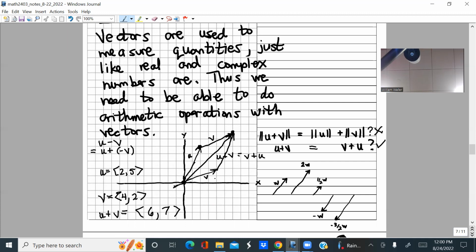Let's see. What are the components of v? It looks like the first component is 4, and the second component is 2. Then the negative of v has a first component of minus 4 and a second component of minus 2. So minus v is going to come out just like this. So there's the vector minus v.